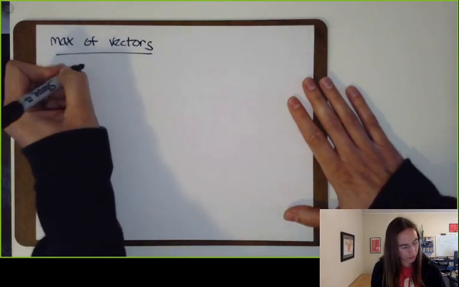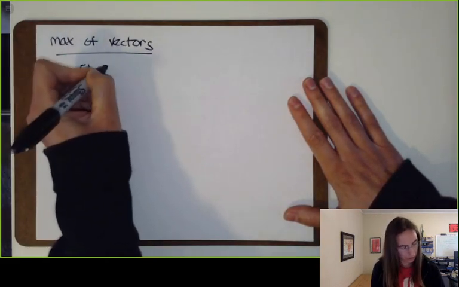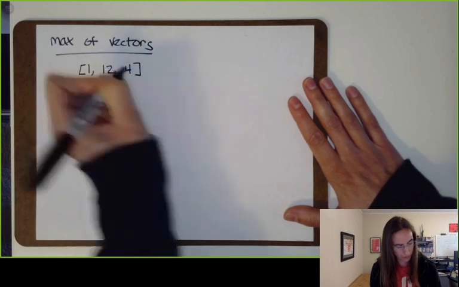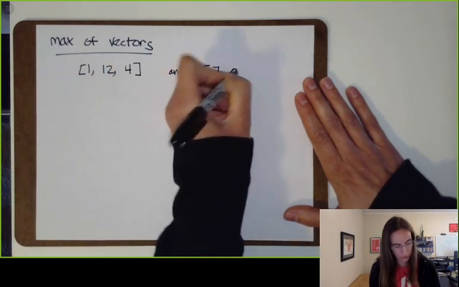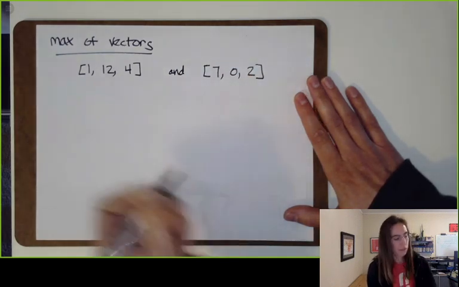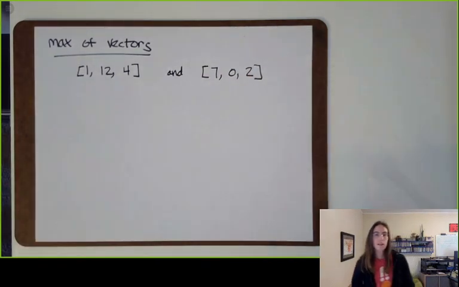For instance, if I have 2 vectors, 1, 12, 4 and 7, 0, 2, then what's the maximum of those 2 going to be?